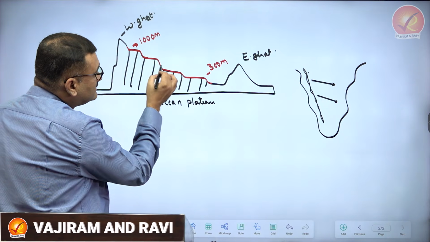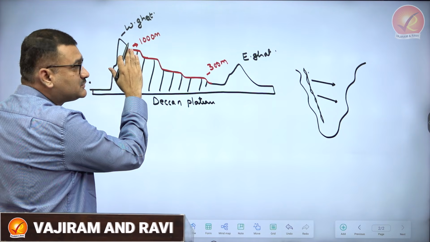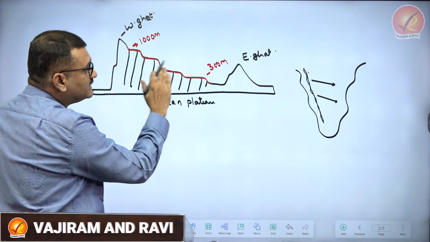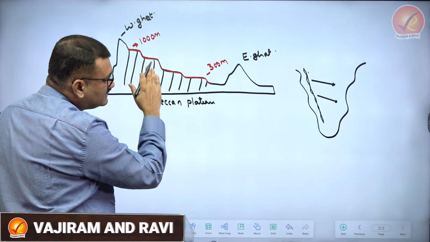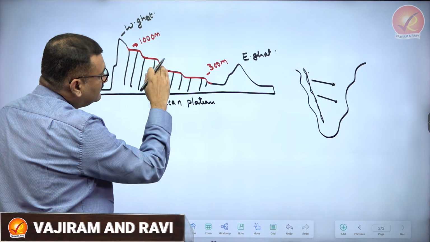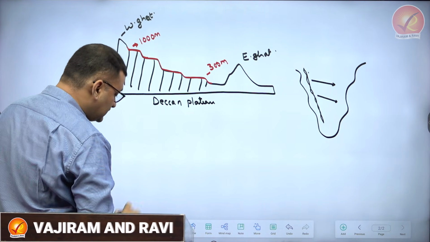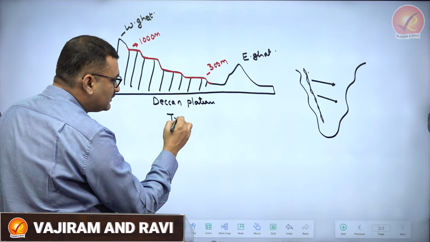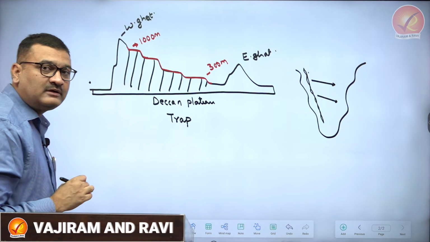So this has a step-like structure, it means that the maximum amount of eruption has occurred attached to the Western Ghat, and towards the Eastern Ghat there was a spread of lava. Towards the eastern side there was a spread of lava, and this formed one step-like structure, and this structure of Deccan Plateau is also known as a trap or trap structure.